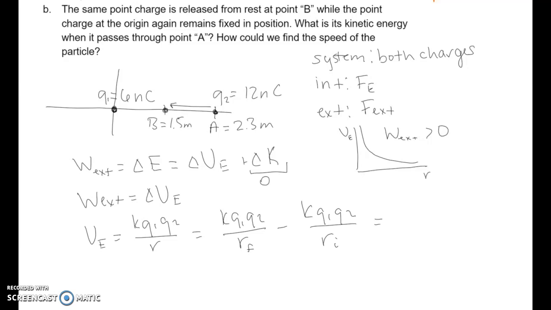I can simplify this, so I can plug in fewer numbers, and factor out K, Q1, and Q2, because those are constant values. So we're left with that times 1 over Rf minus 1 over Ri.